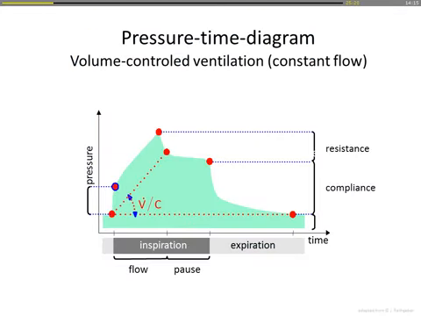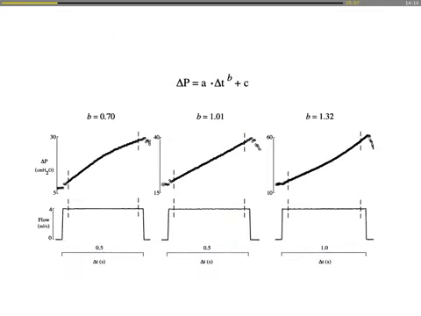Well, we learned already this morning that there is the pressure time diagram during volume controlled mechanical ventilation. It was Giacomo who was reporting about it, so inspiration and expiration time. And we learned that if there is no flow, we are close to the part where we are able to determine resistance.